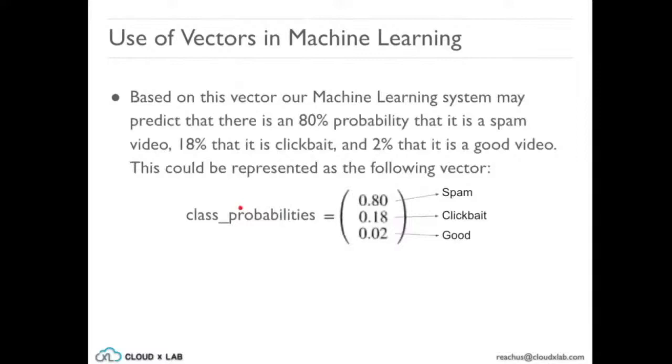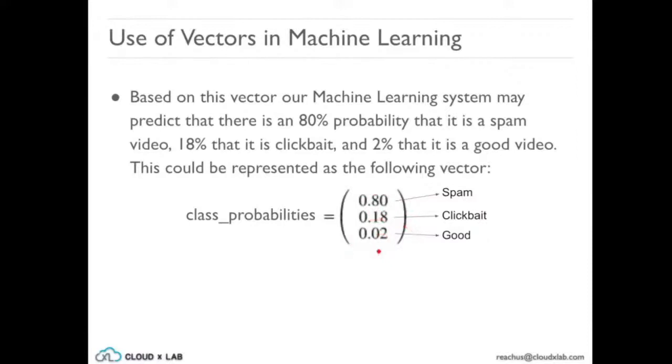So for example, going back to our video classification, you could represent class probabilities of a particular video. After you run it through a machine learning algorithm, you would get something like this. You would get that this video is probably 80% spam, 18% clickbait, and just 2% good.